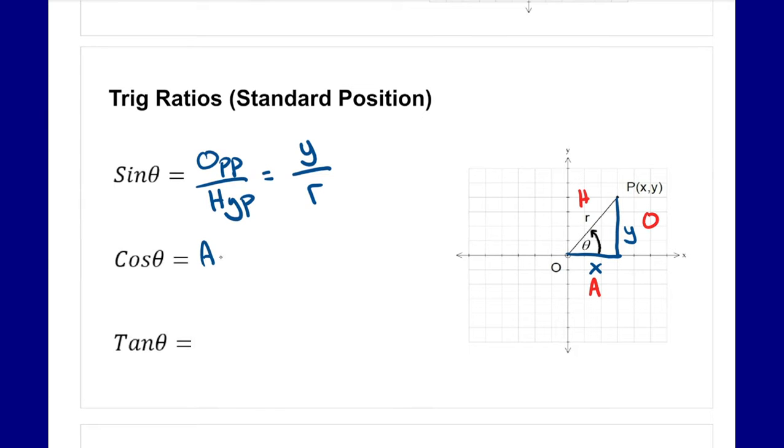Cosine was adjacent over hypotenuse, but now adjacent is x and our hypotenuse is r.